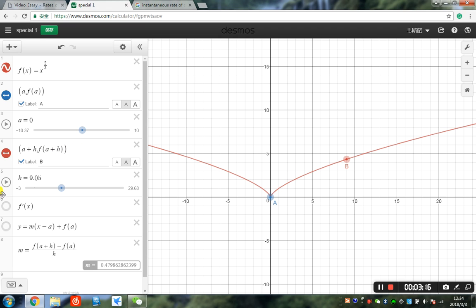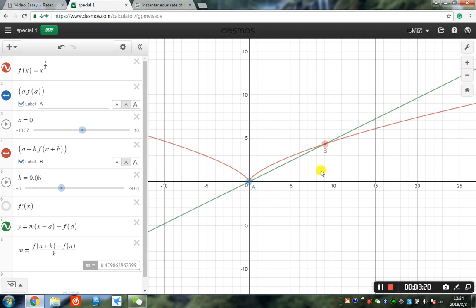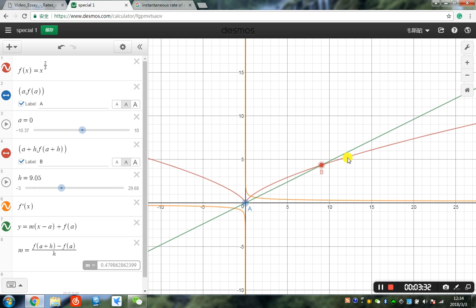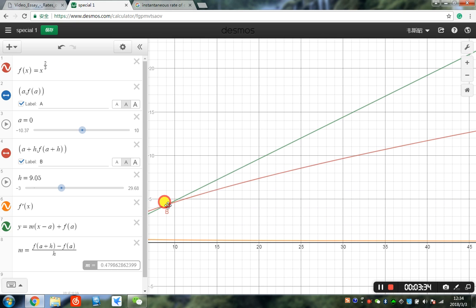So let's look at the tangent first. The tangent is here, and that is the secant, and the orange one is the tangent of this function. So let's look at it.